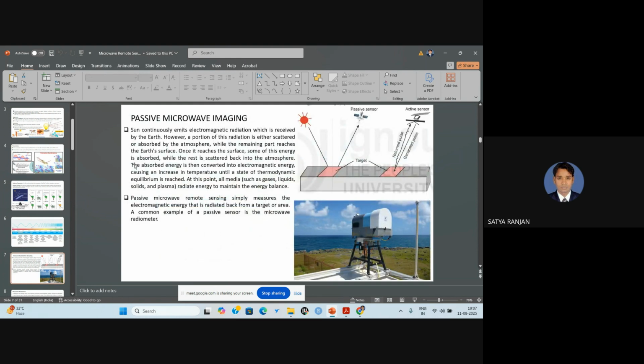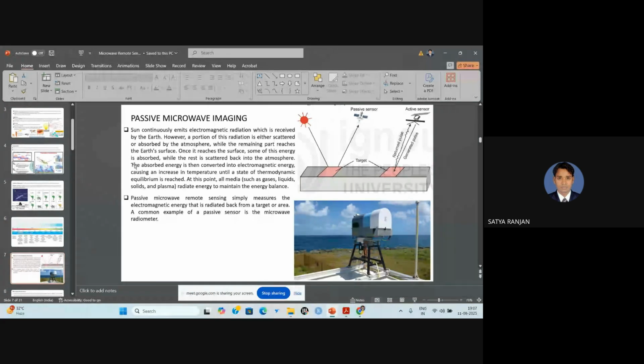Then there are two types of microwave remote sensing: one is passive, and the other is active remote sensing. In passive, generally the electromagnetic radiation emitted or scattered from the Earth's surface is received by the sensors. This scattered EMR is recorded by the sensor, and that creates an image.